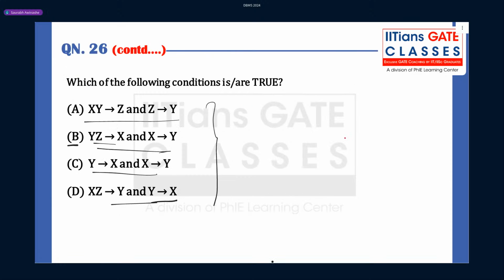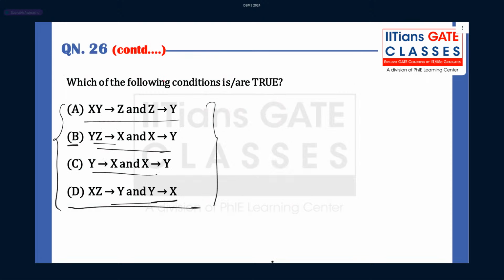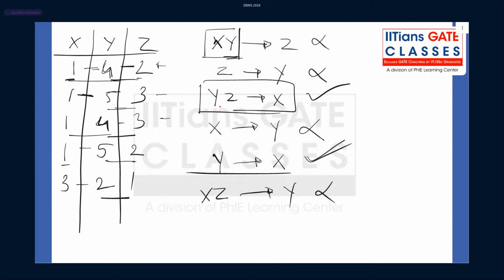So I think there might be some misprint in the options here, because none of the options are fully true. We have seen that yz gives x is true and y gives x is true. So these are the two that are true.